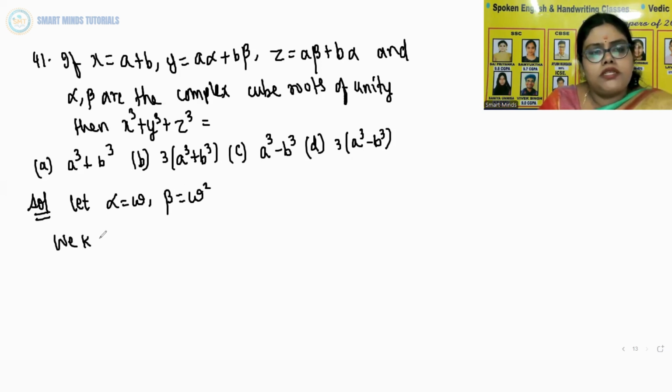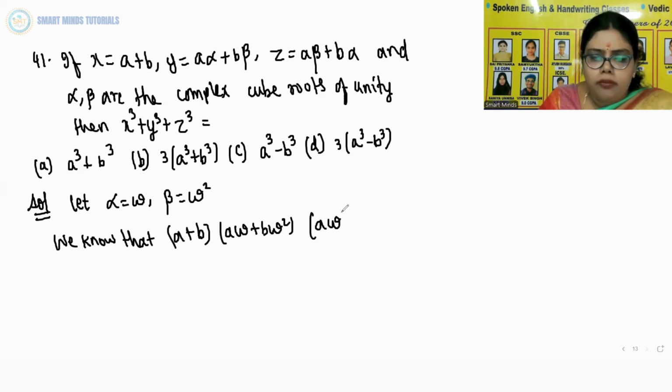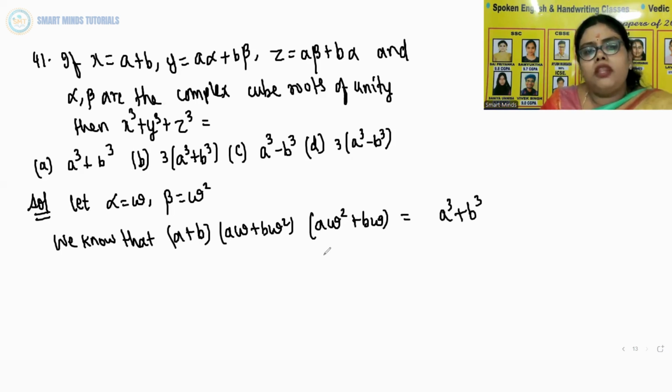Now we know that (a + b)(aω + bω²)(aω² + bω). There is a question in the exercise that proves that this is equal to a³ + b³. So we can use this statement as a conclusion. Now we can take this value as a³ + b³.